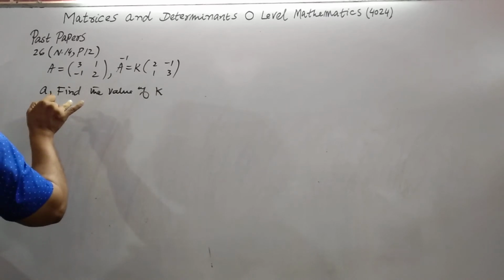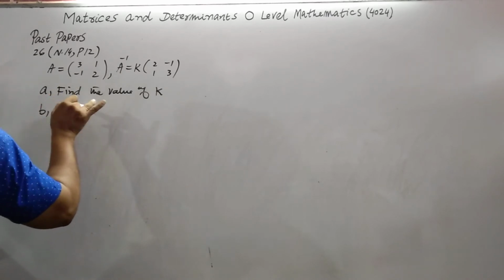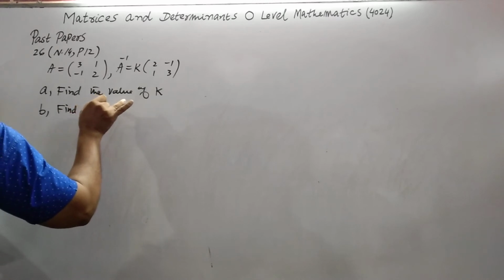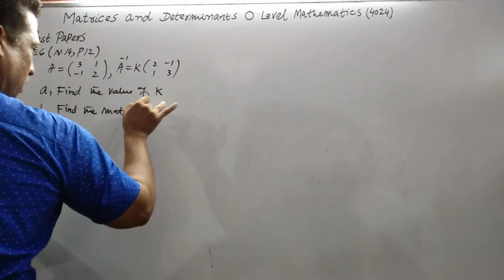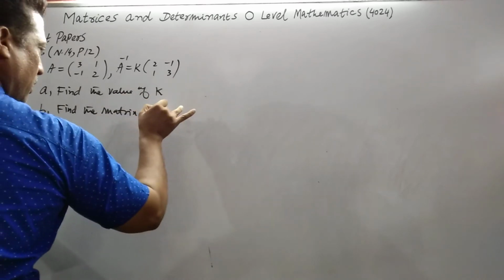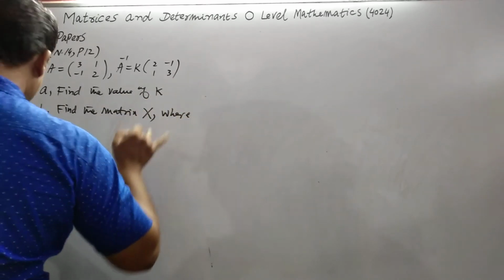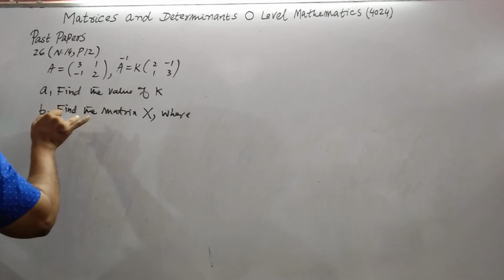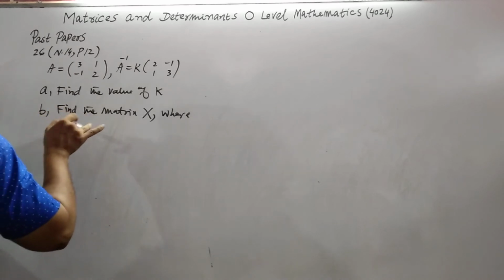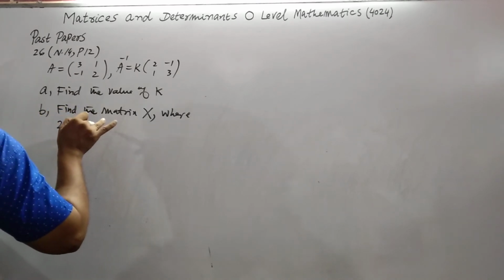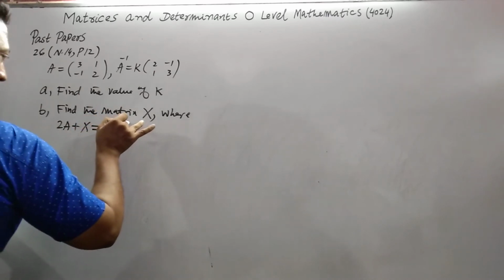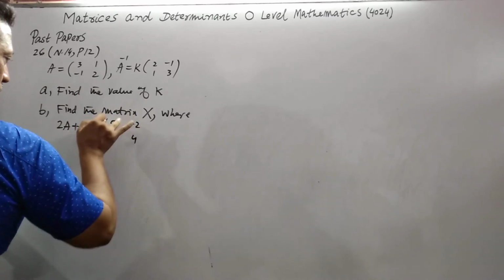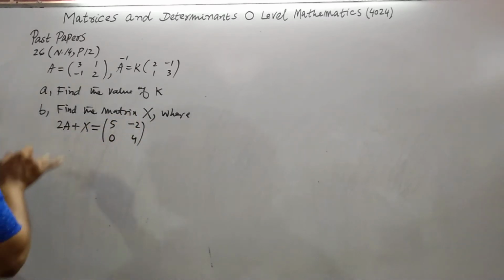Part B: Find the matrix X where 2A plus X equals [5, 0; -2, 4].